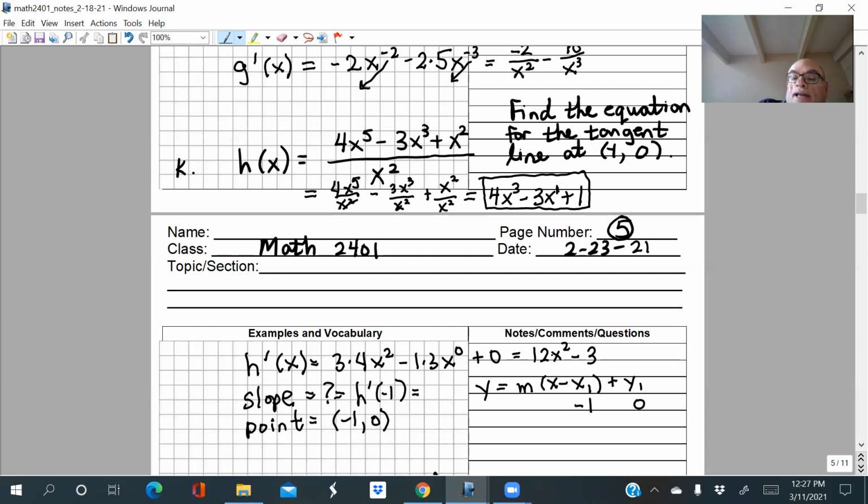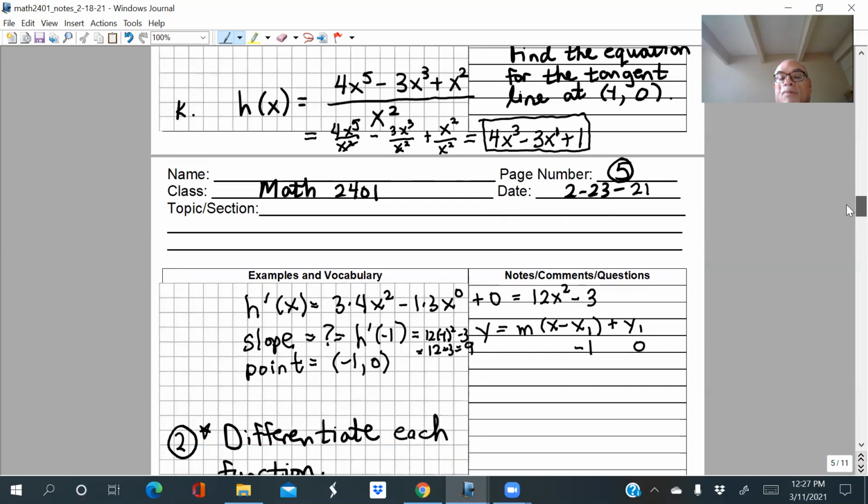That's all there is to it. Let's see, h prime of -1 would be 12 times -1 squared minus 3. So -1 squared is 1, and you get 12 minus 3. It's a big slope. It's 9. That's a really steep line, but that's of no importance to us, because we're not going to draw the tangent line or graph the curve.